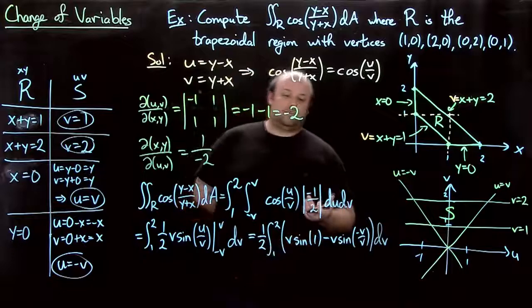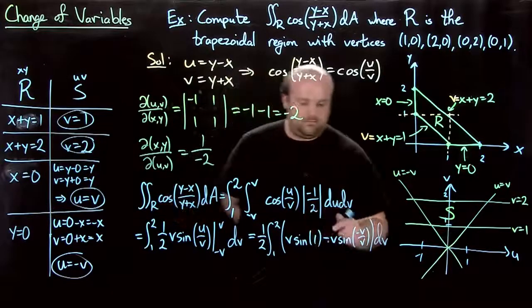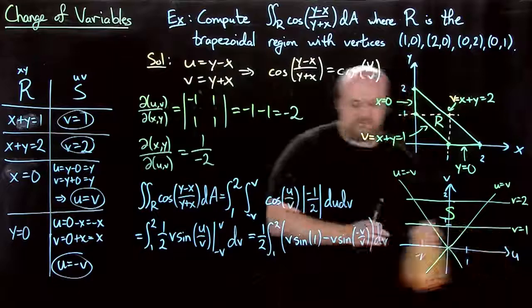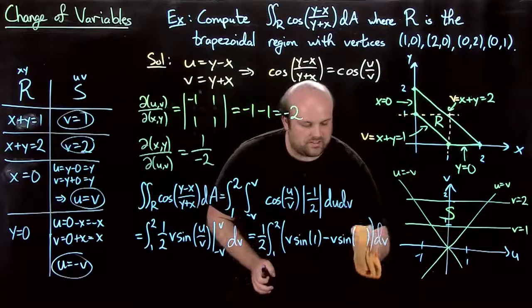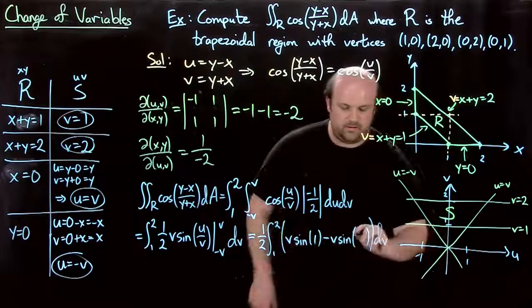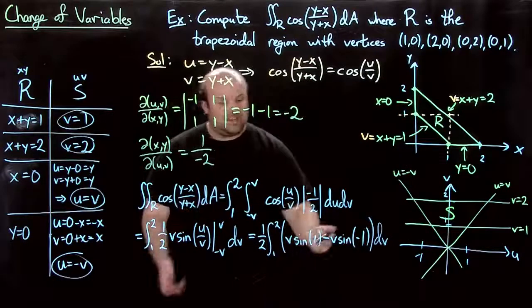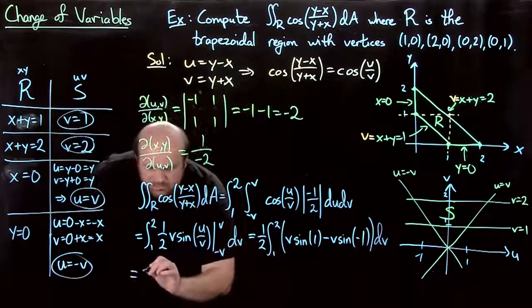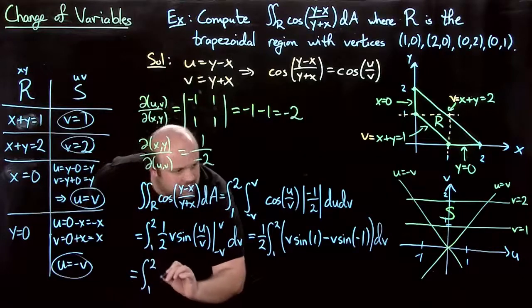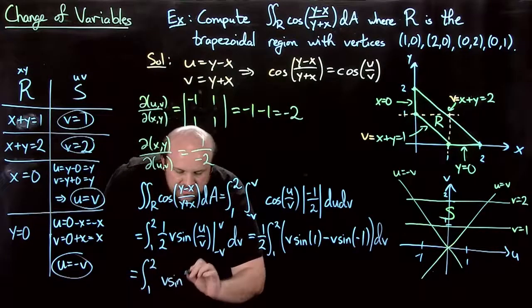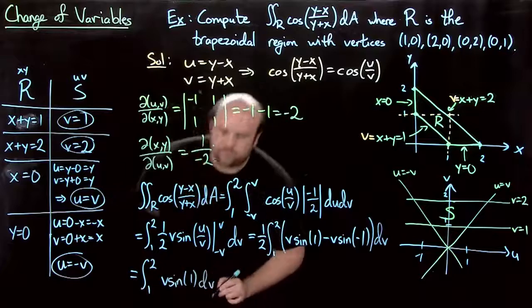Right? Sorry, negative v over v is just negative 1. Let's go ahead and write that. All right, and remember, sine is odd, so I can pull that negative out. And so this is really just the integral from 1 to 2 of v times sine of 1 dv.